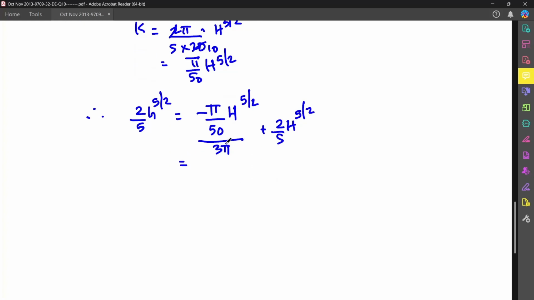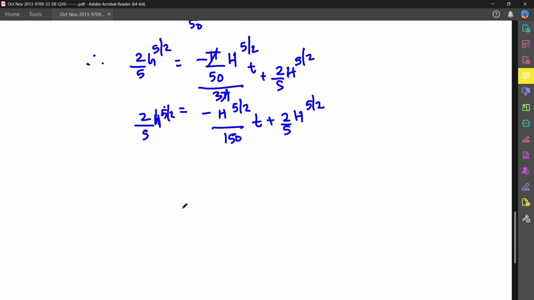On simplification here, you get pi cancelled. There's also t here, please do not forget. So minus h to the power 5 by 2 by 150 t plus 2/5 of capital H to the power 5 by 2, and this is equal to 2/5 small h to the power 5 by 2.